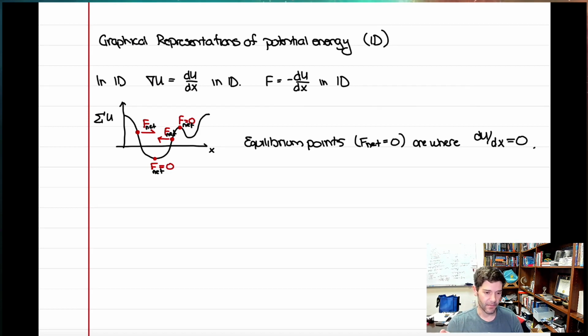But not all equilibrium points are created equal. If I'm a ball in the bottom of a bowl, that is what I might consider a stable equilibrium point, because if I nudge the ball in any direction, it will wobble around, but it will stay relatively in the same spot. It will stay near the equilibrium point.